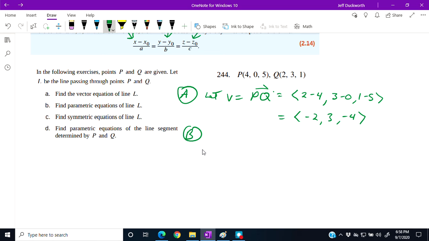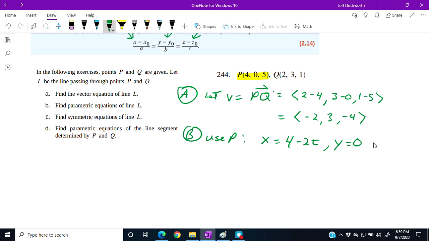Now the parametric equation, so we're going to pick one of these points. I'm going to choose P here, and we're going to use P. We've got our x is going to equal, well, our x naught is 4, so it's going to be 4 minus 2t, so it's -2 times t, or plus -2 times t if you want.